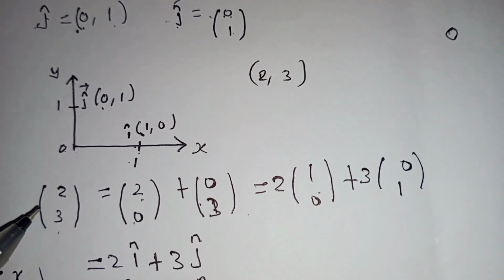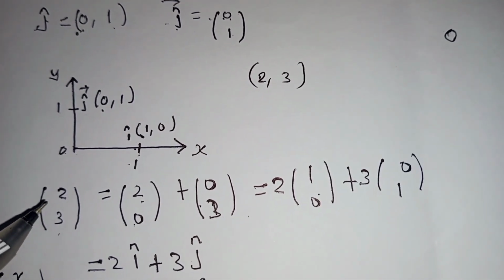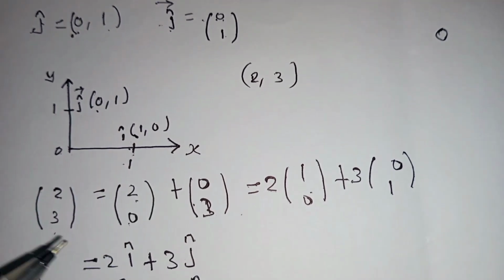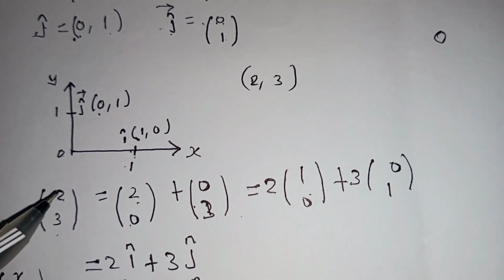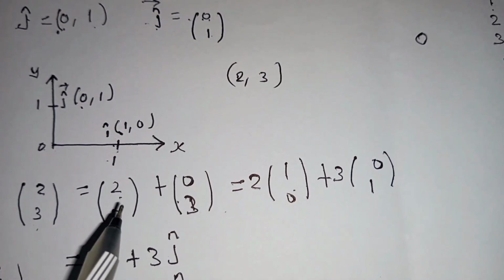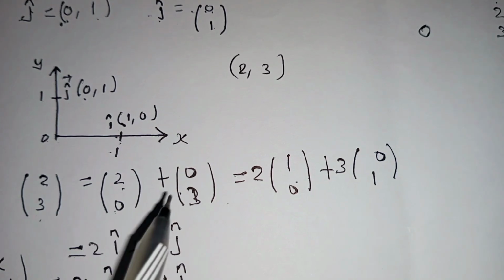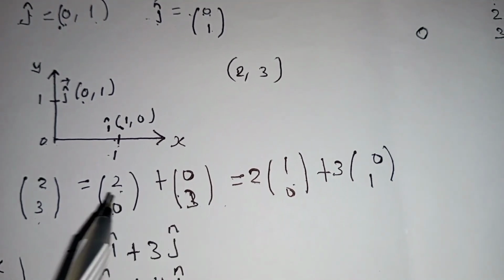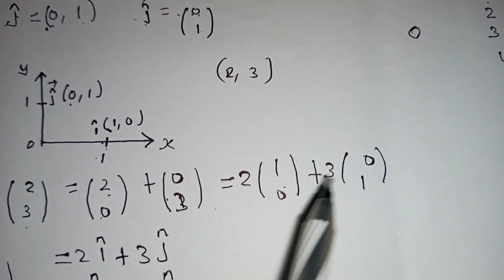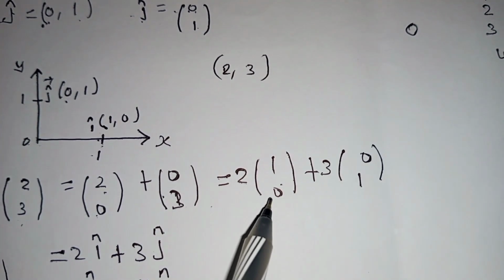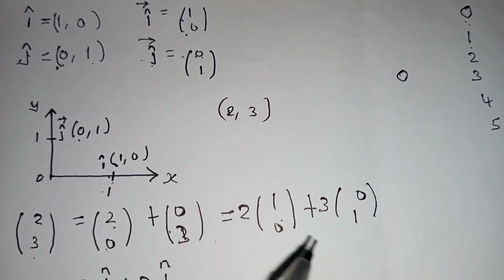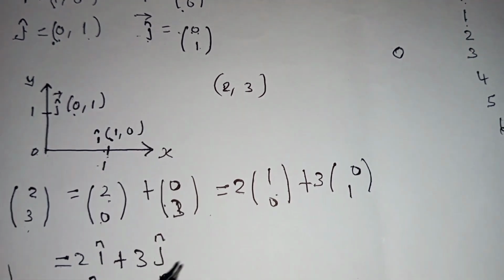Any column vector in 2 dimensions, like (2, 3), where you move 2 steps along the x-axis and 3 steps along the y-axis, can be rewritten as (2, 0) plus (0, 3), whereby we factorize 2 in the first column vector and 3 in the second to be left with (1, 0) and (0, 1), where (1, 0) is equivalent to unit vector i and (0, 1) is equivalent to unit vector j.